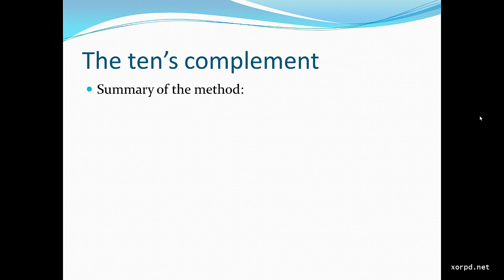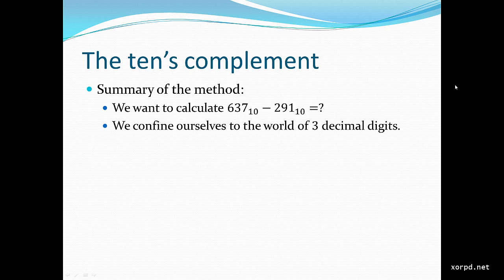Let's look at a summary of this method. We want to solve this problem, this subtraction problem. First, we confine ourselves to the world of 3 decimal digits. We could choose something else, but 2 decimal digits is not going to be a good choice here because we have numbers that are too large.